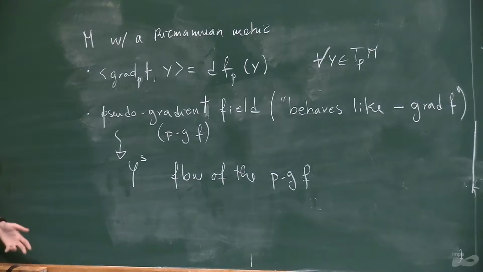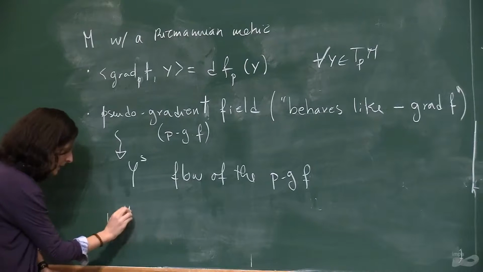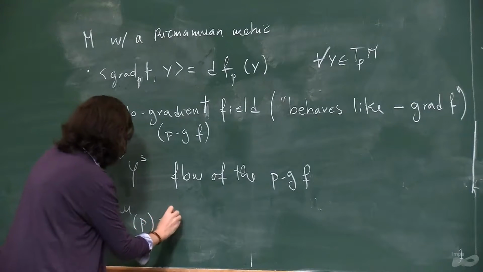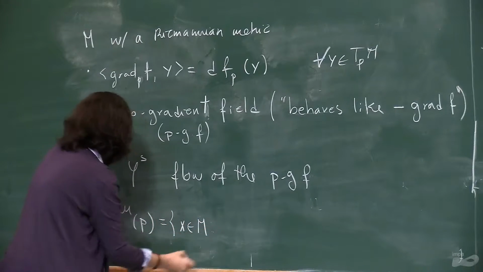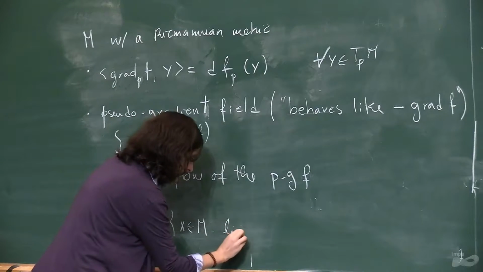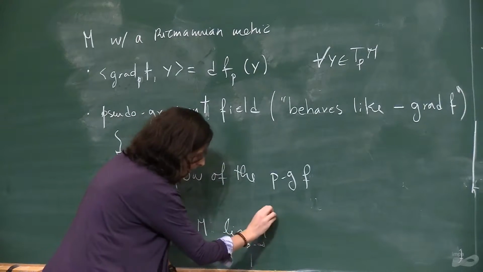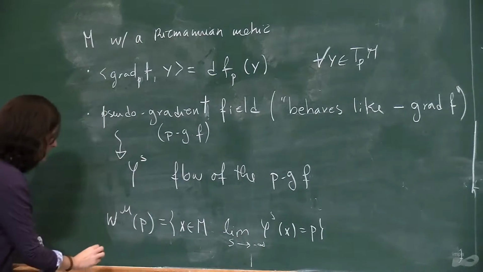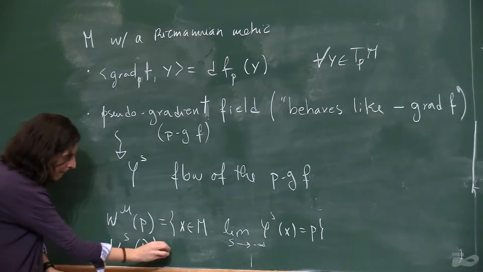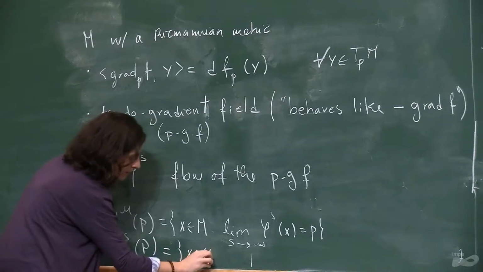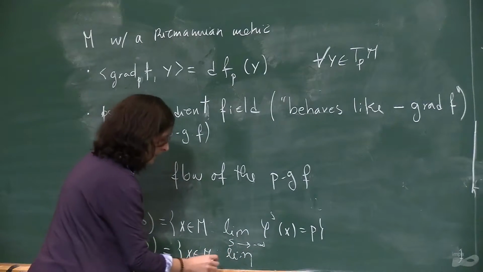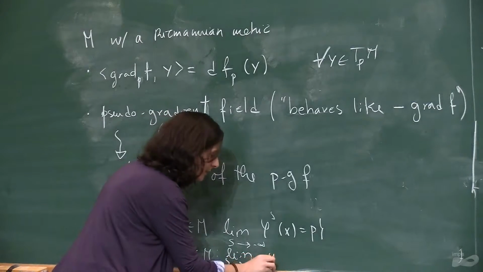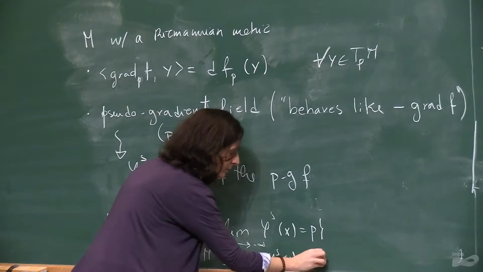And we can define, probably you've seen this, the unstable manifold at a critical point P, which is just the set of points x in M such that the limit when s goes to minus infinity of phi s of x is equal to P, and the stable manifold, x in M such that the limit, this will be when s goes to plus infinity, this is minus infinity, this is plus infinity, of phi s of x is equal to P.